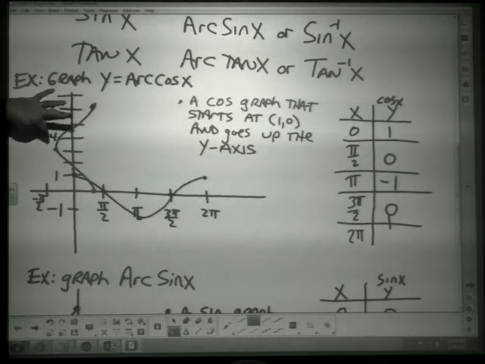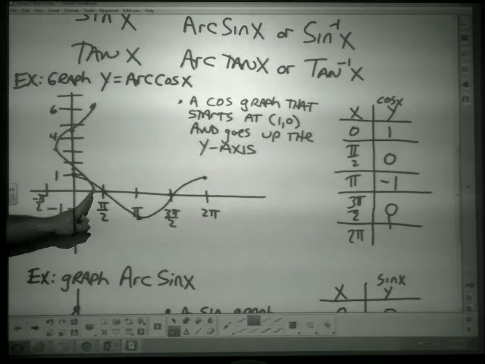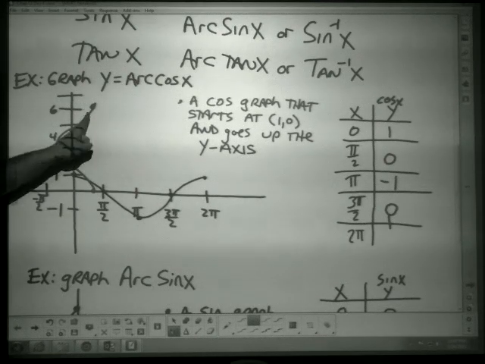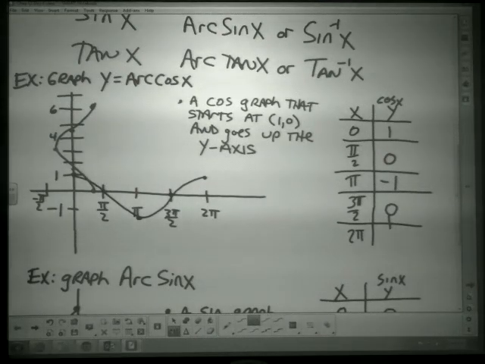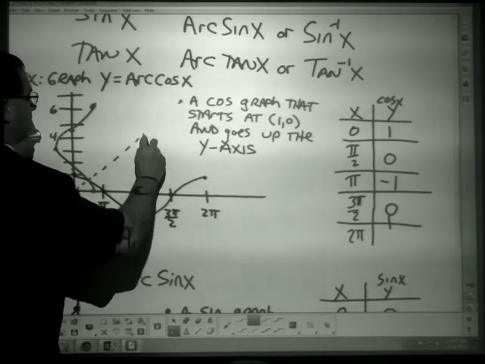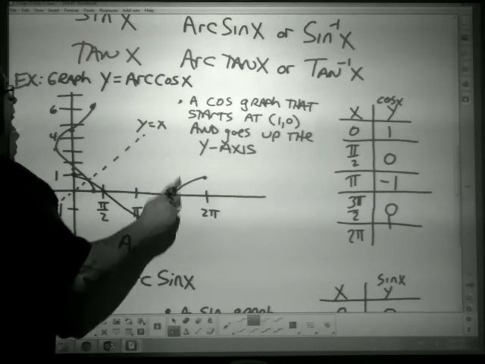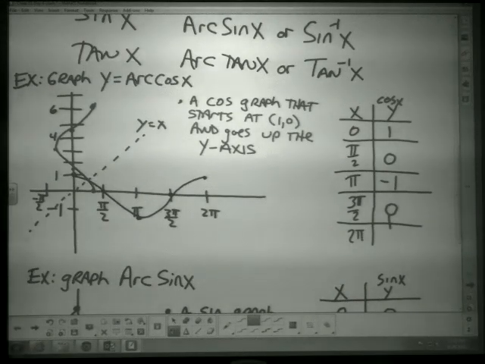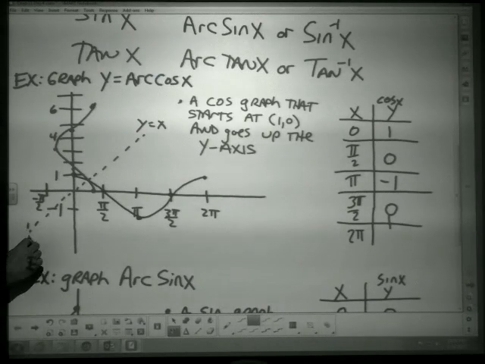Looking from the side, I can definitely see it's a cosine graph, but you notice it starts on the x-axis at 1, 0, and then it heads sideways up the y-axis. It is a reflection across the line y equals x. If I were to put that line in there, you'd see it's a mirror image across it. Okay?